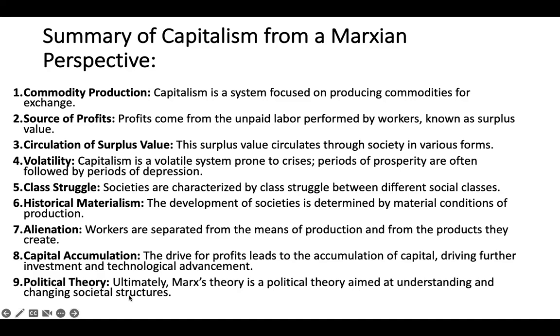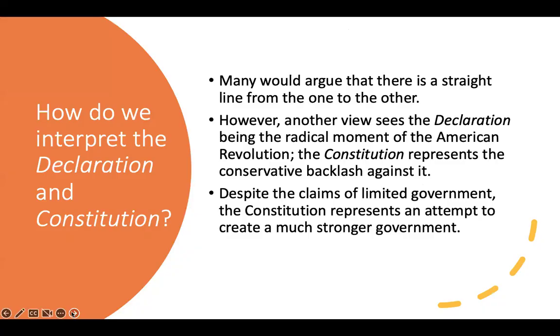So ultimately, there is a strong political component to this theory, as well as things like we've already talked about, like what the Marxist view of the state is, what role the government plays in society, as well as the fact that the political institutions of a society are largely determined by the economic structure of the society as well.